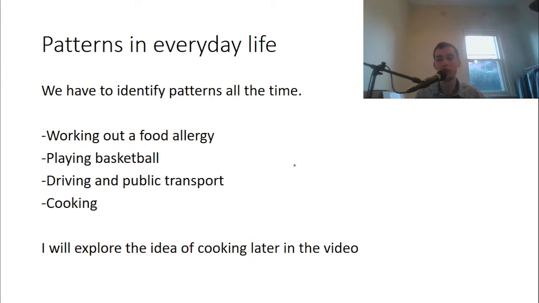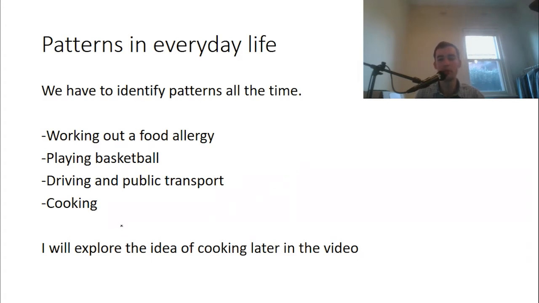So if you're working out a food allergy, you have to find a pattern between what you are eating and the symptoms that you get. If you're playing basketball, you need to work out the patterns of the game, when your team needs to move and how they need to move, and what the other team is doing, and what patterns you can work out from what they're doing, so you can take advantage of knowing that and find the weaknesses in those patterns.